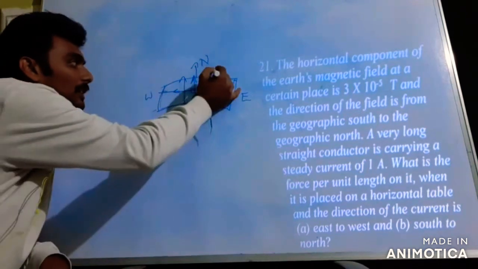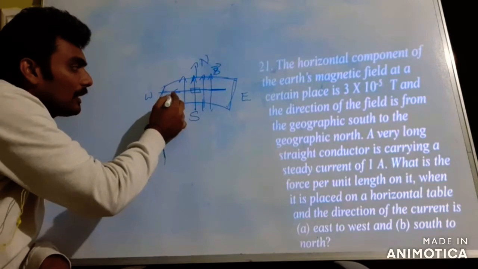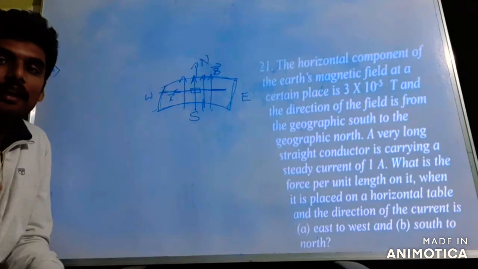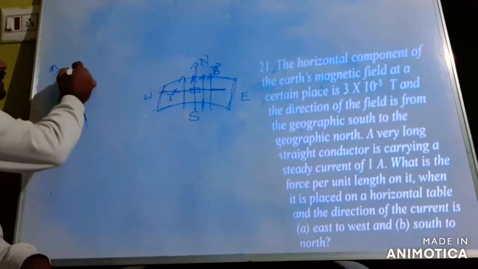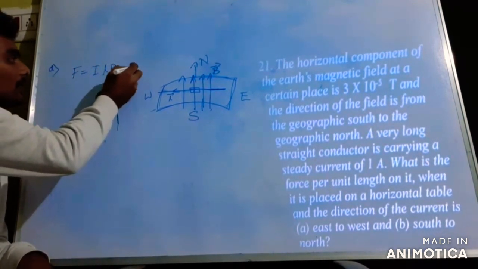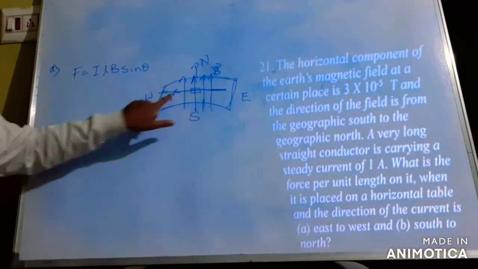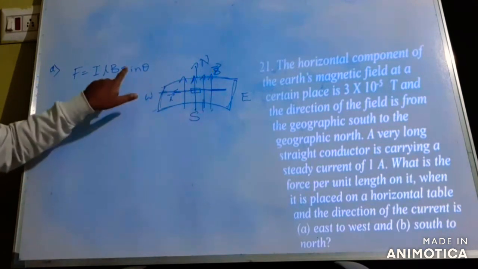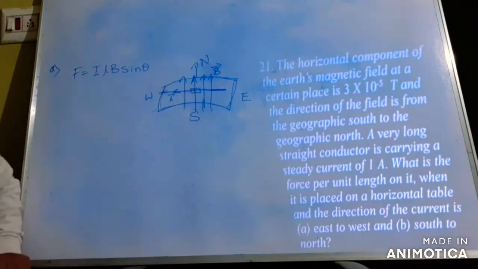This is the direction of the magnetic field, and this is the direction of the length element L. The force experienced by a current carrying conductor in an external magnetic field is given by F equals I L B sine theta, where I is the current through the conductor, L is the length of the conductor, B is the magnetic field in which the conductor is kept, and theta is the angle between the magnetic field and the length element.